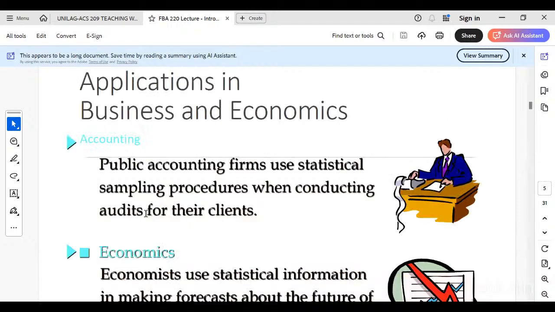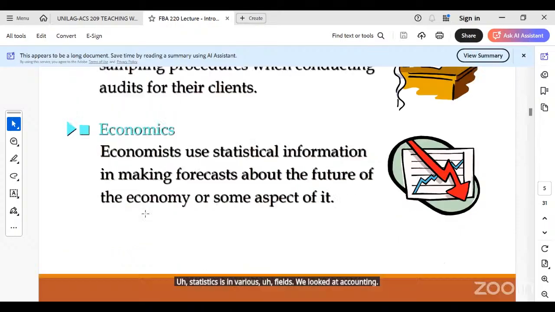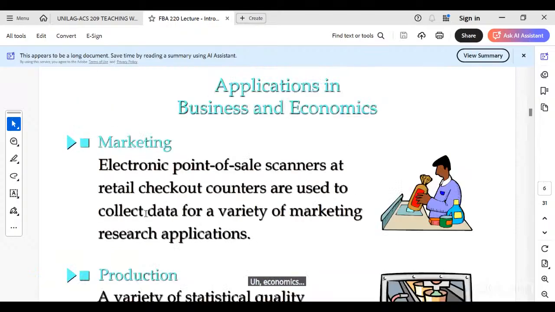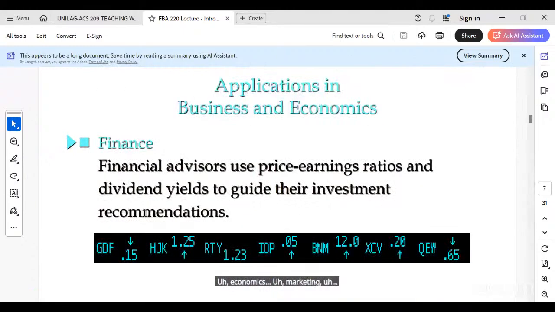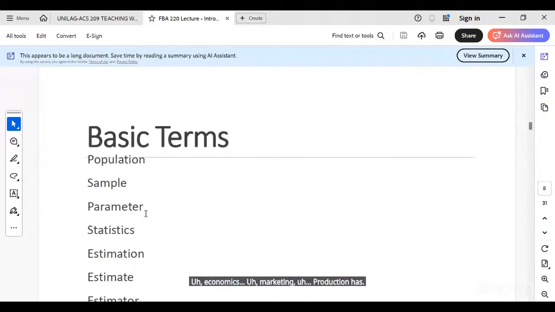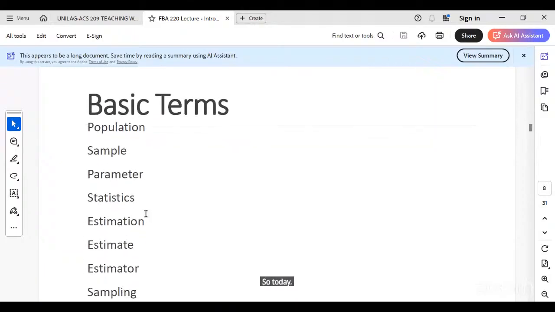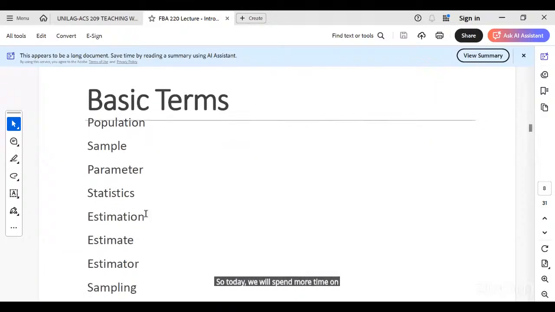And we have also discussed how important statistics is in various fields. We looked at accounting, economics, marketing, production, finance. So today we will spend more time on defining more of the concepts.